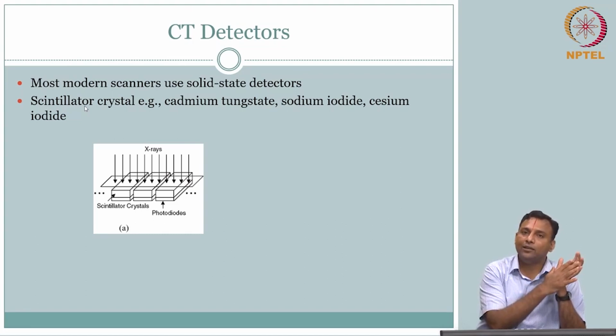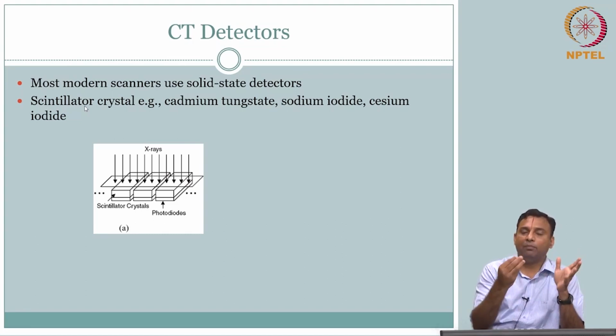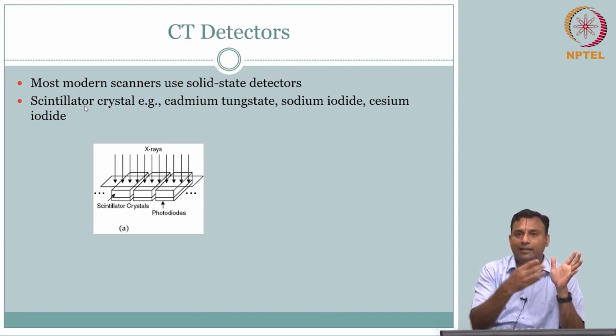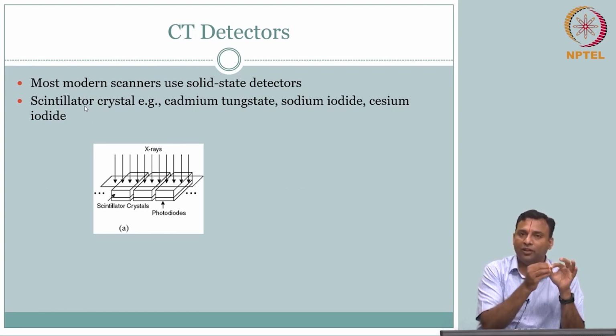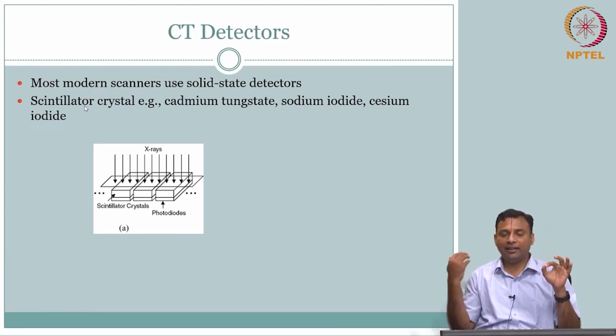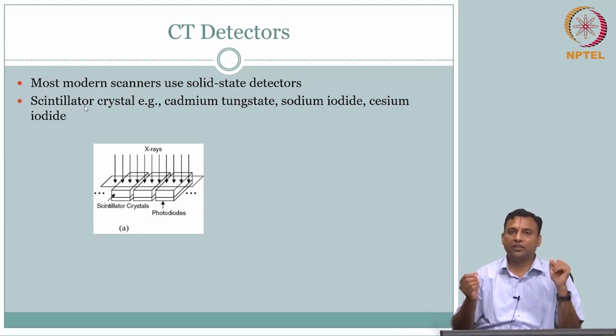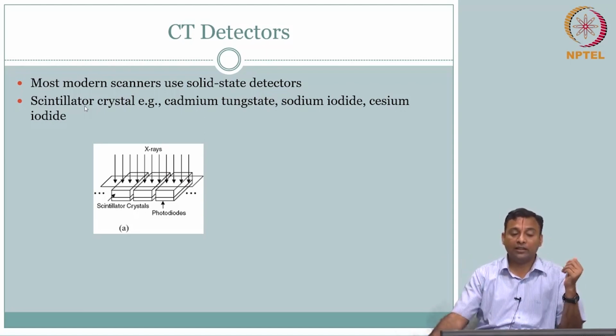Now what do I want? Same thing, I cannot measure the X-rays directly. So here also I want to convert the X-ray photons into visible light photons. But then I want to measure that photon, take it out, read it, so that I can do operations with it, right. So you started getting these photodiodes.